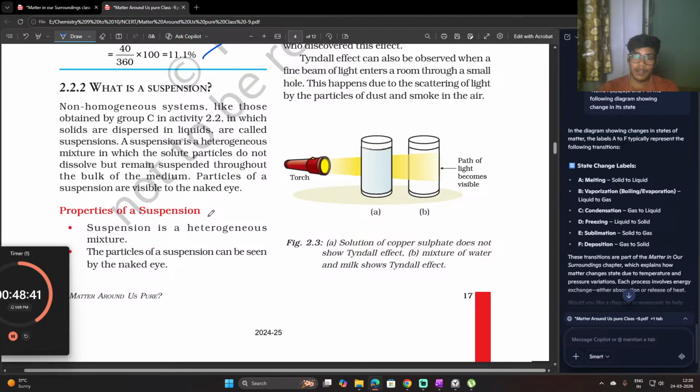A suspension is a heterogeneous mixture in which the solute particles do not dissolve but remain suspended throughout the bulk of the medium.